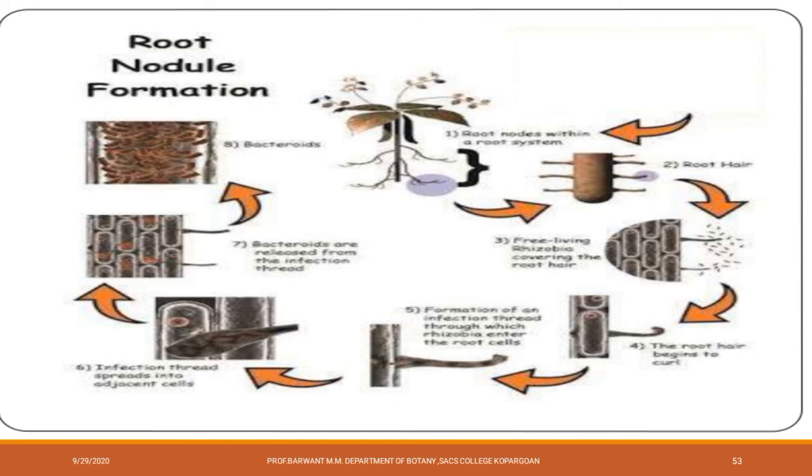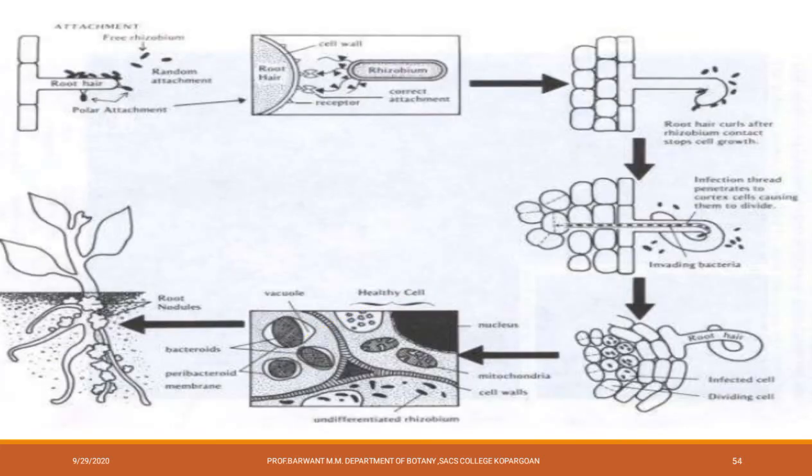Then in step six, the thread spreads into an adjacent cell, and bacteroids are released from the infection thread and form inside the cell. Their growth follows and the root nodule is produced. Different mechanisms are given; let's see one of them here.